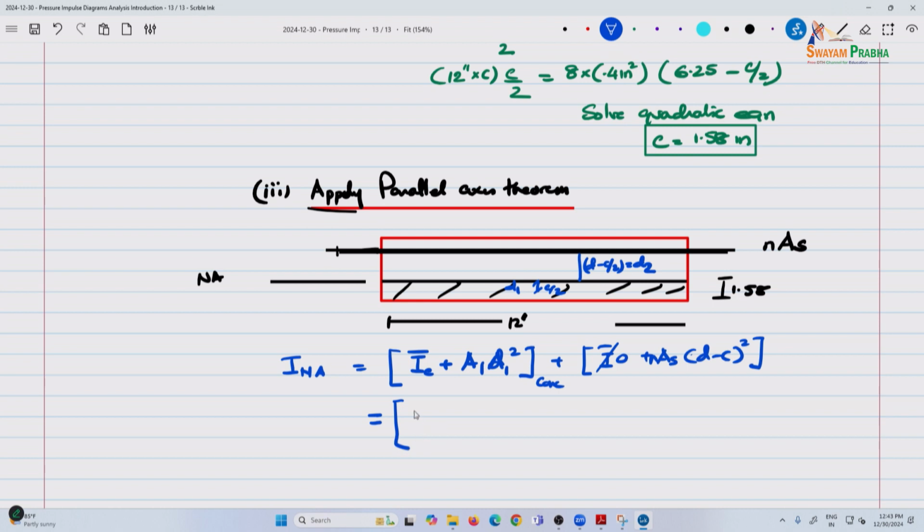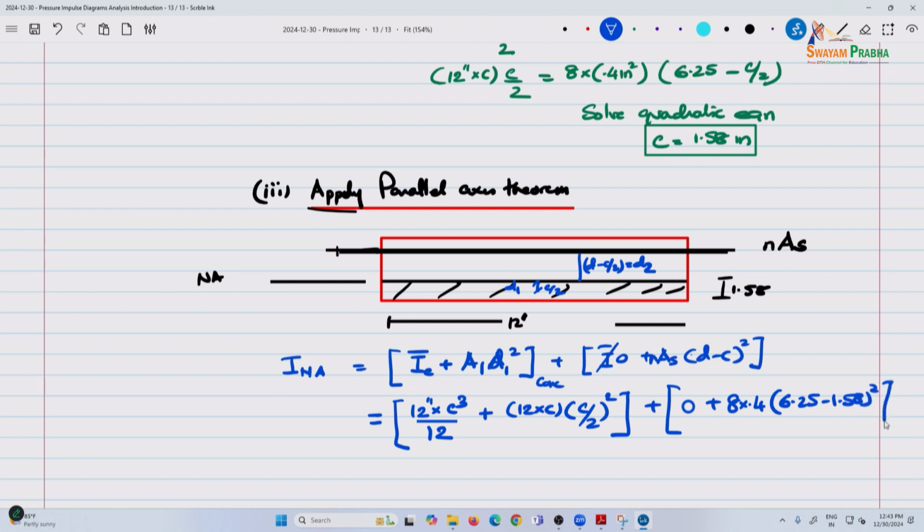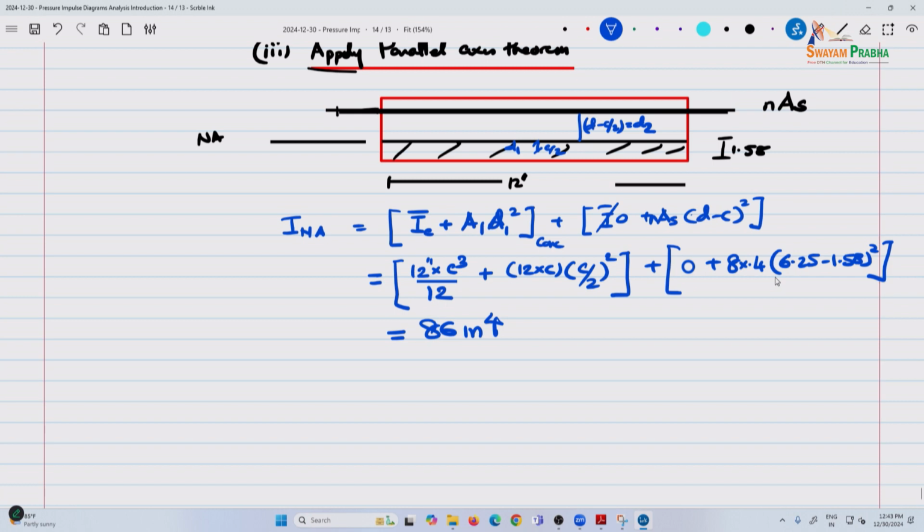So, this is 12 inches multiplied by C cubed by 12 plus 12 times C multiplied by (C by 2) squared, plus 0 plus 8 times 0.4 times 6.25, and we know all these numbers come to 86. Again, if you have any questions, don't hesitate to ask. We'll just hold on to this part for later.